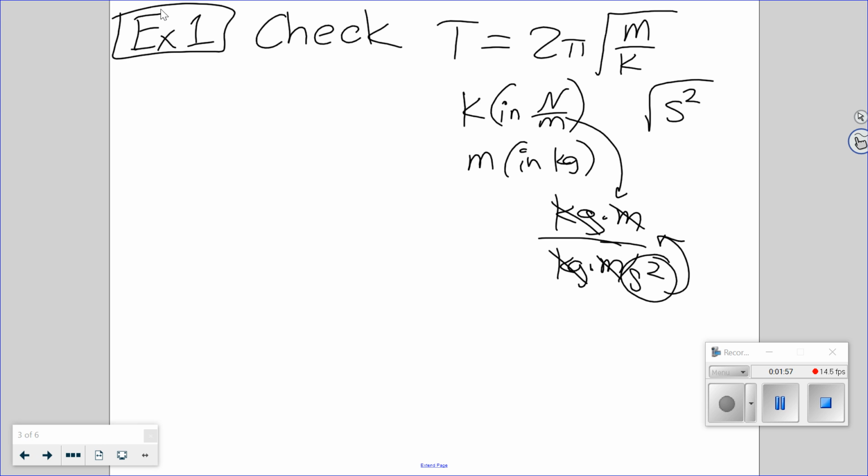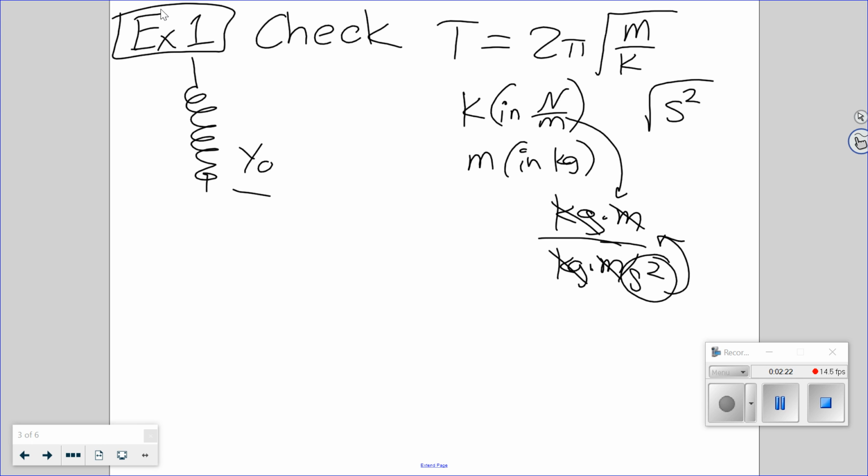Okay, so we have a spring. You can draw it along with me. We're going to do this vertically so we can find out the spring constant. Let's mark it Y0.